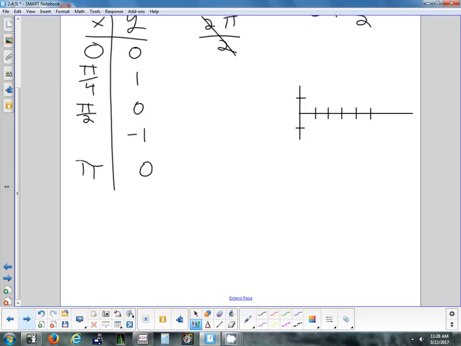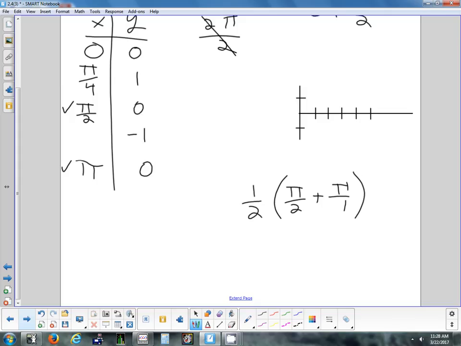Okay, last one. We have to average this one and that one. So we've got pi over 2 plus pi, but when we average it, we don't just add them up. We add them up and then divide by 2, which is the same as just taking half of it.